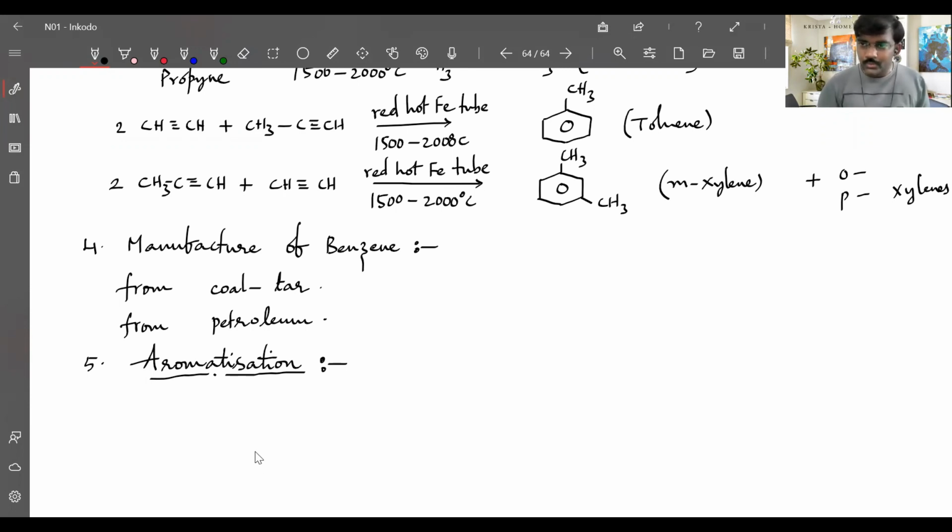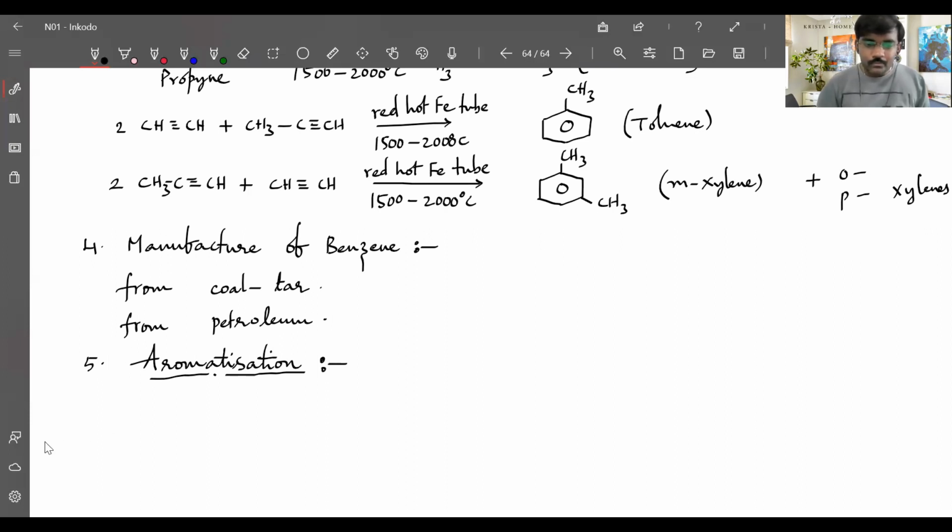Then it will become benzene. It converts into cycloalkane first, and later slowly into benzene.